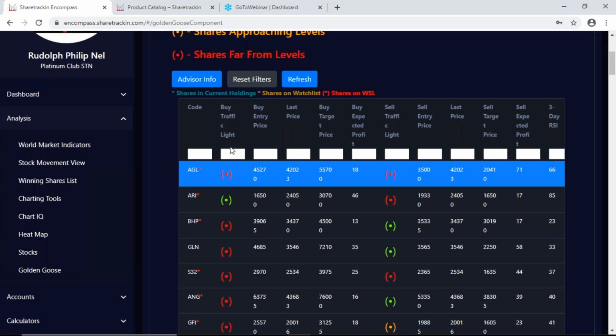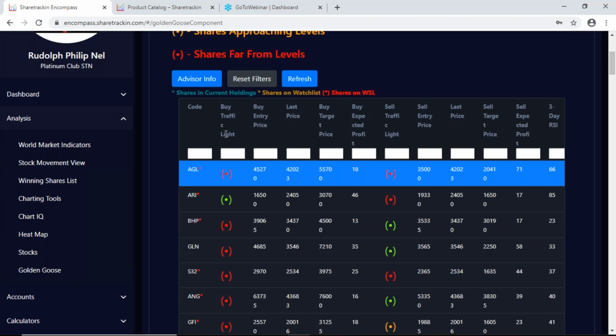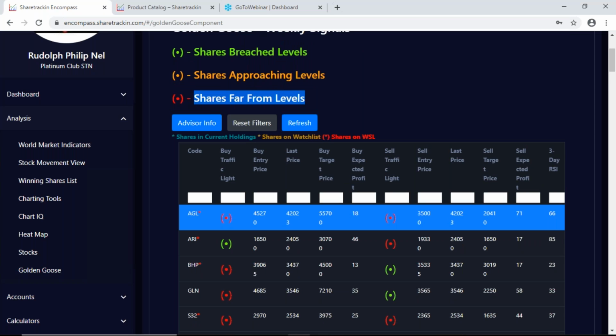Now, each and every one of these has a little red signal, or a green signal, or an orange signal. Red signals mean that the share is far from breaching its trading level. Shares that breach levels would be in green, and shares that are approaching their levels would be in orange.